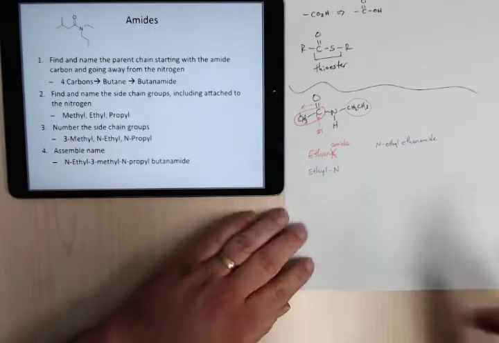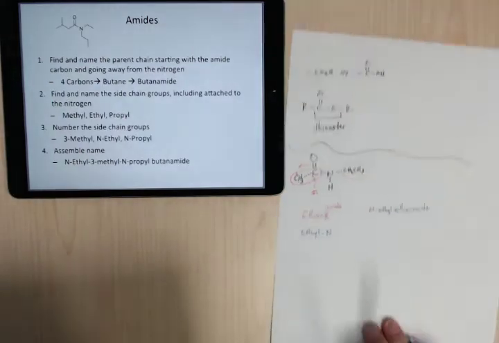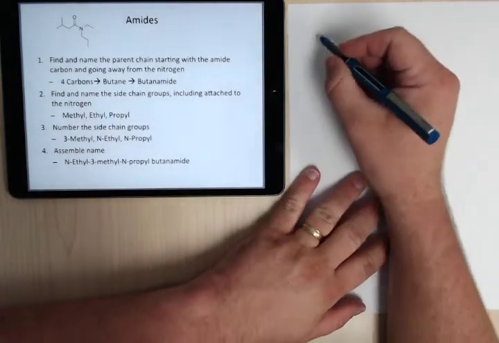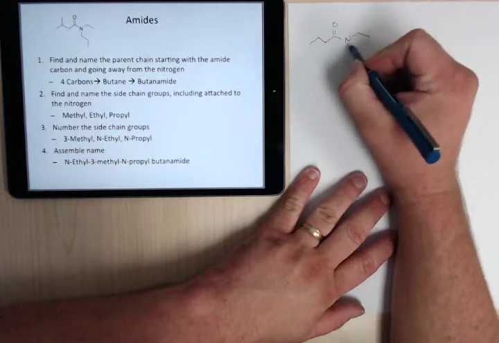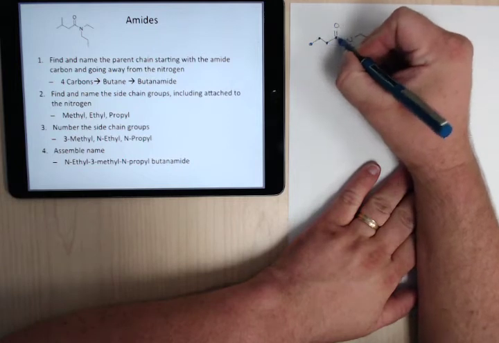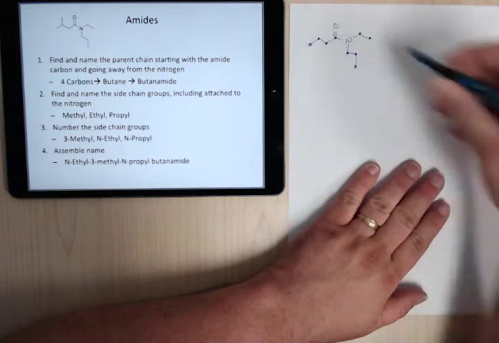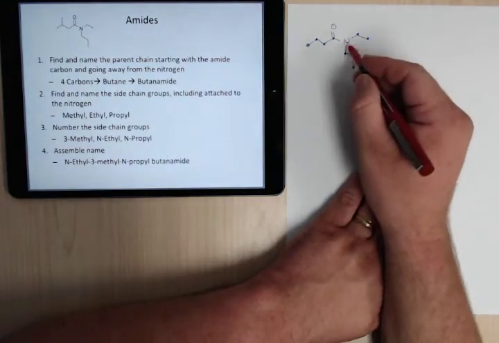So if we had this one, you can always put in your dots if you want for carbons. Since this is going to be carbon 1, we're going to go away from the nitrogen.